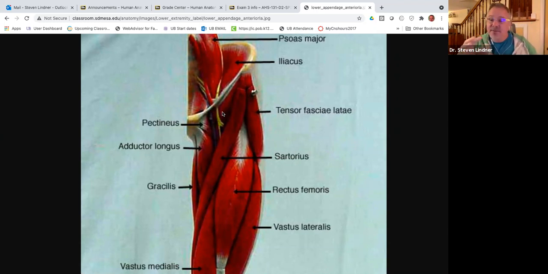And the first few letters tell you the action of the muscle. F is for flexion, then AB is abduction of the hip, and then ER is for external rotation. So this one muscle flexes, abducts, and externally rotates the hip.